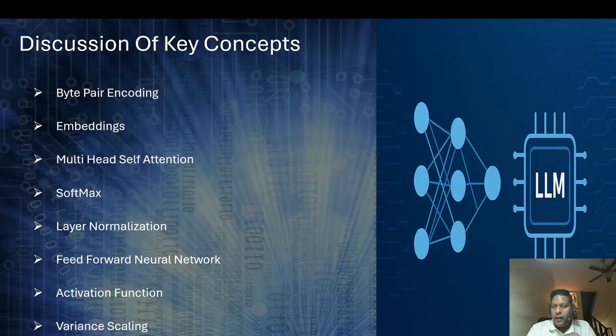Another way of encoding would be like having the whole dictionary of words, right? Like have those 400,000 or 4 lakh words or so in the English language. But you can intuitively see why that is not a good idea, because if you're going one by one as an alphabet, or if you're going to have a large dictionary of words, you can intuitively see why that's not going to work, right?